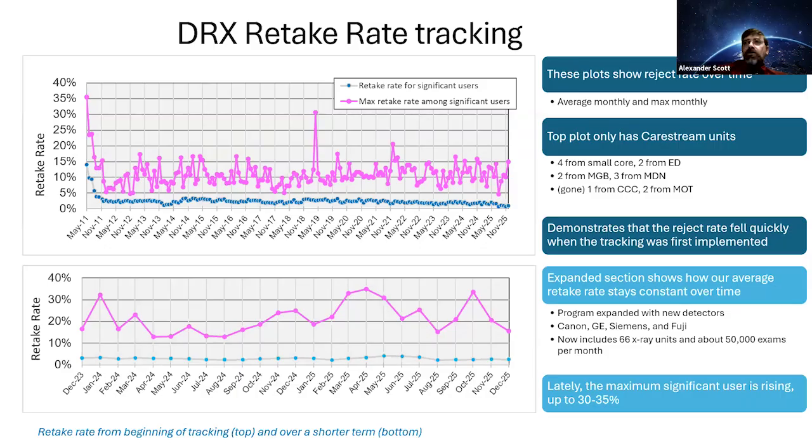And the biggest fluctuations come when new equipment is added. Then we have some increase as the expectations are implemented at a new site, or when we have new technologists, and maybe we'll get a wave of 4 or 5 at once, and then we do some education, and those rates come down.